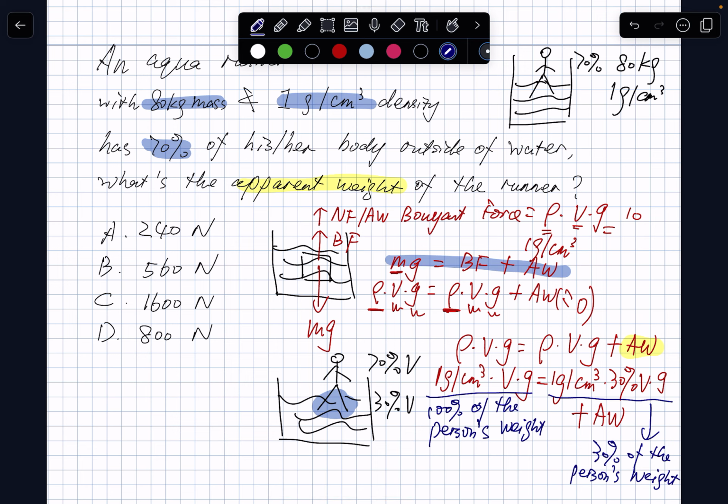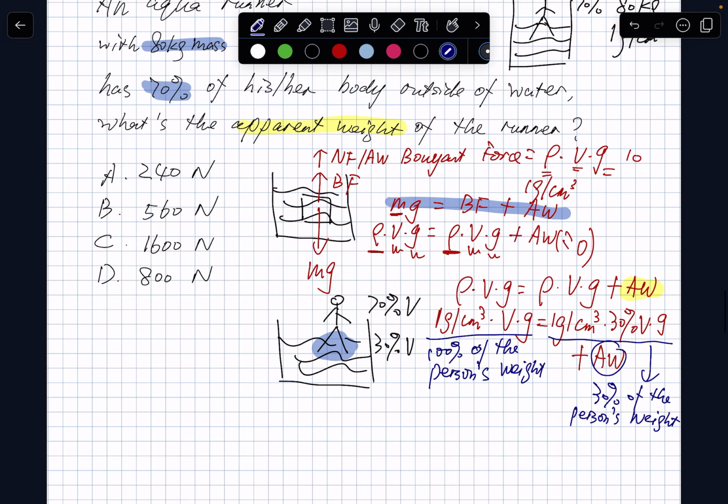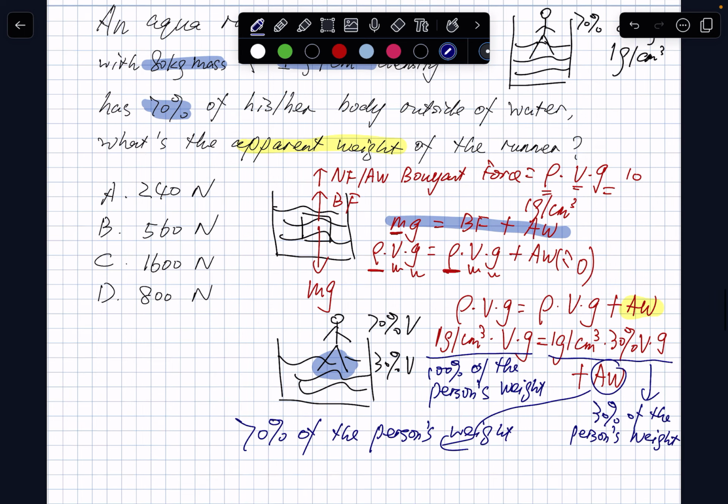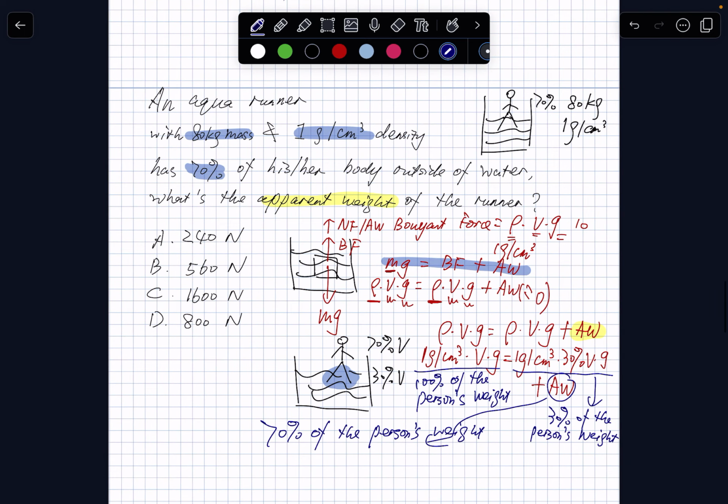That tells me my apparent weight has to be 70% of the person's weight, right? You have to have 70% so that this equation can be established, right?